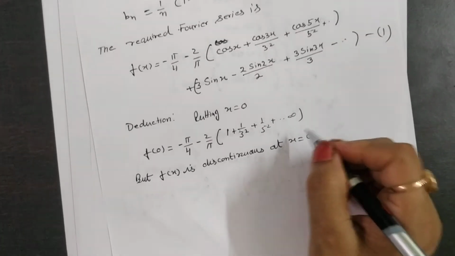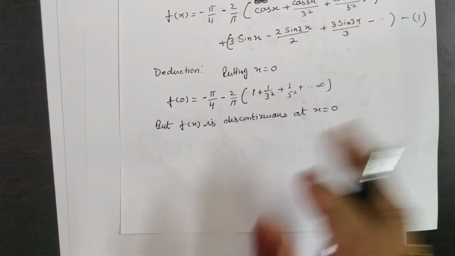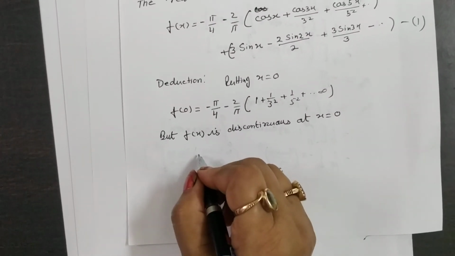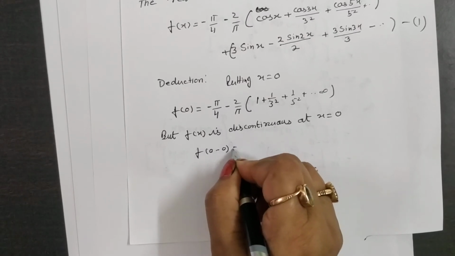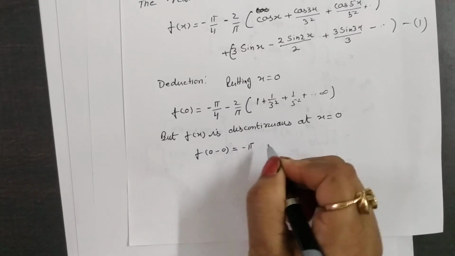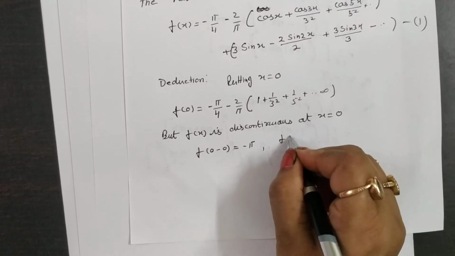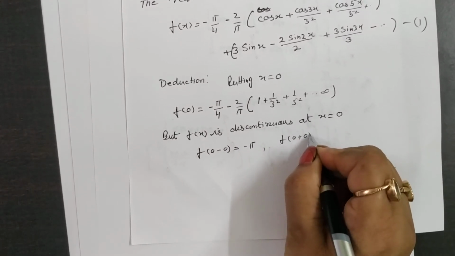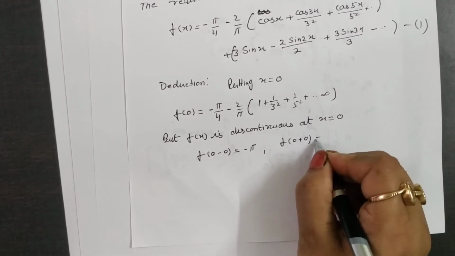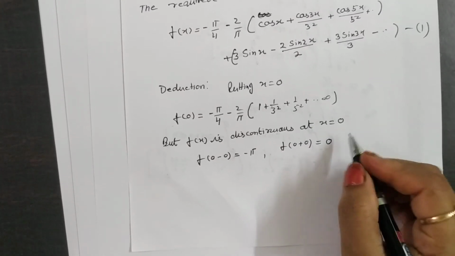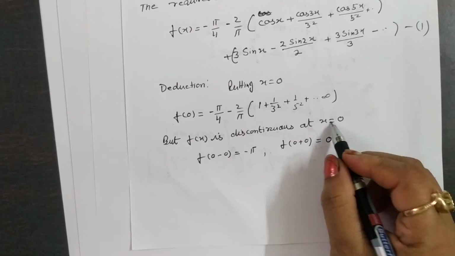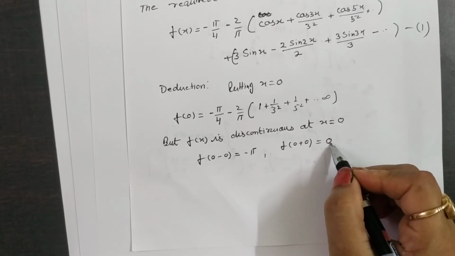So we have f of 0 minus 0 is equal to minus pi, and f of 0 plus 0, putting x is 0, is 0.